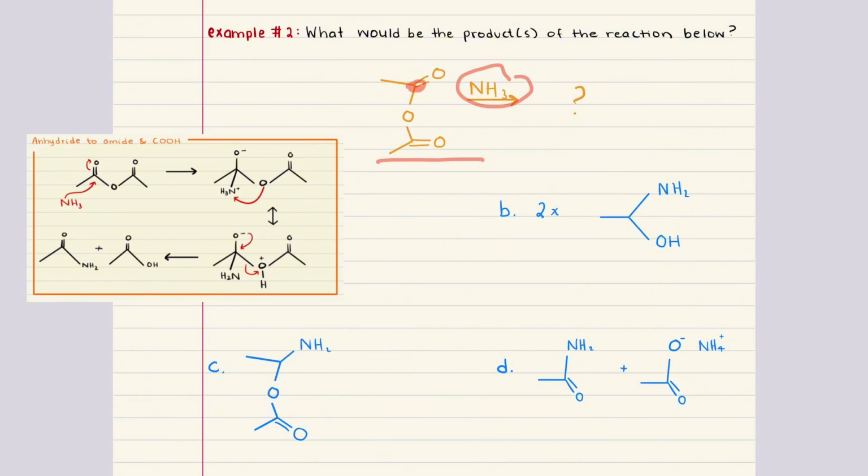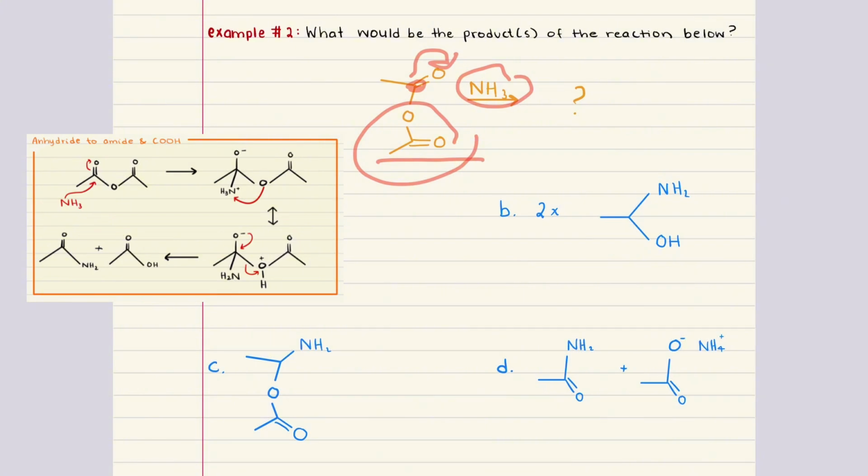The electrons from the carbonyl double bond are then pushed up onto the oxygen atom, and we're going to temporarily form a tetrahedral intermediate. Next, that tetrahedral intermediate is going to collapse, so the carbonyl double bond reforms, and the leaving group is going to be the remaining carboxylate part of the anhydride.